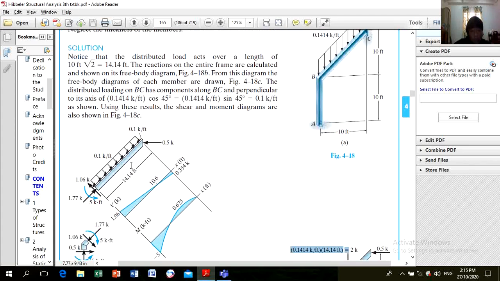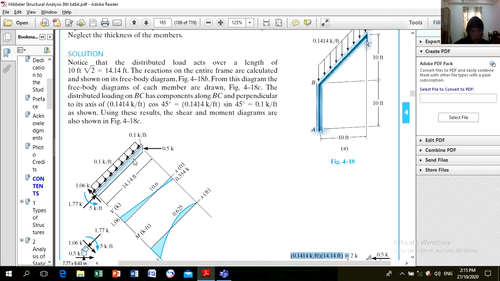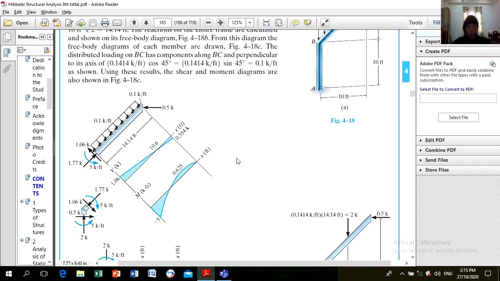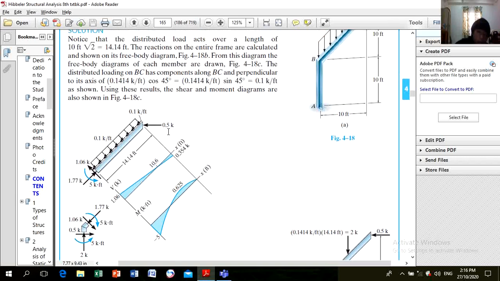Okay. So after determining the support reaction, you can now isolate one member BC. Having this BC, you already get the components of this 0.1414, horizontal and vertical. Then you have 0.5 here, and you need to get the components of this 0.5 also.